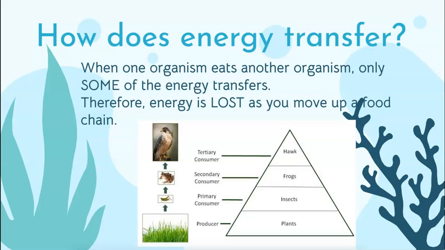Okay, after that, a little bit of energy is lost as we go up to the primary consumer level, or the insects in this case. More energy is lost as we go up to the secondary consumer, which are the frogs in this case. And then finally, there is the least energy in the tertiary consumer, or the hawks, which are the predators in this scenario.